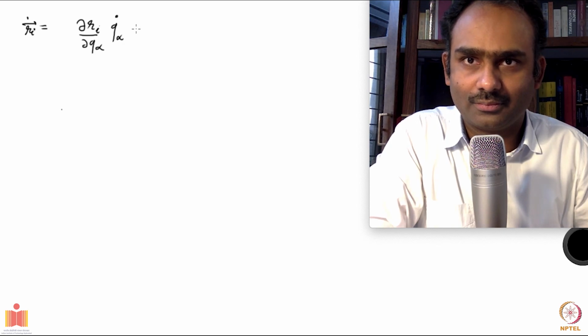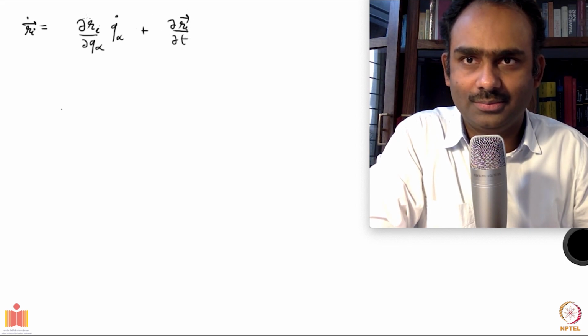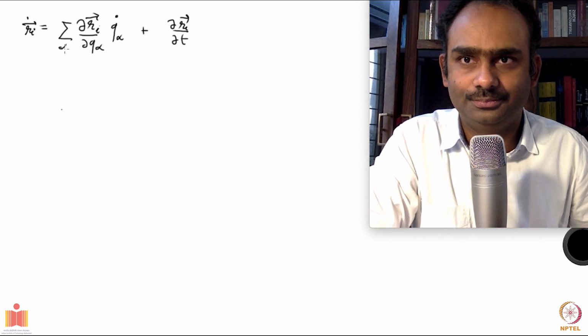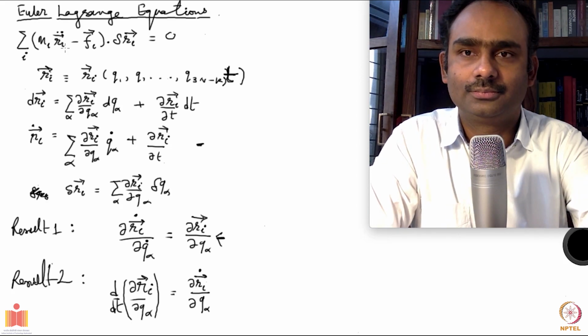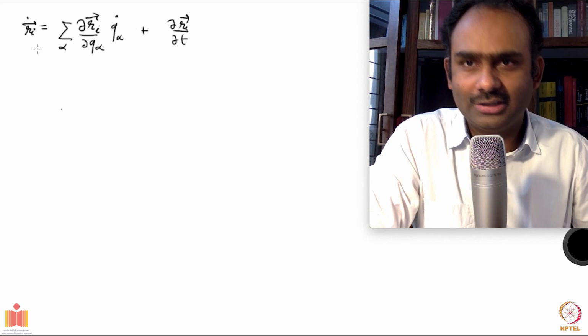So what I wrote was ri dot, right, that is what we had on the previous slide, and you have a summation over alpha. That is correct. Okay. Now I want to take a derivative with respect to q alpha dot.